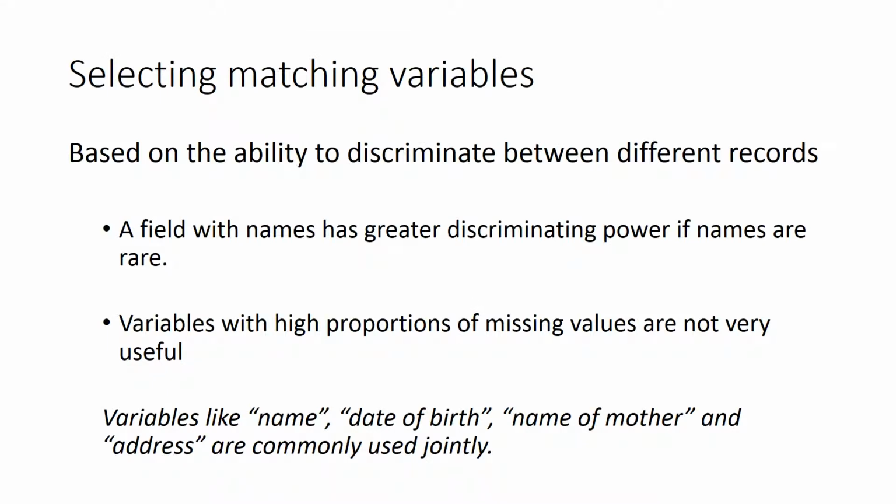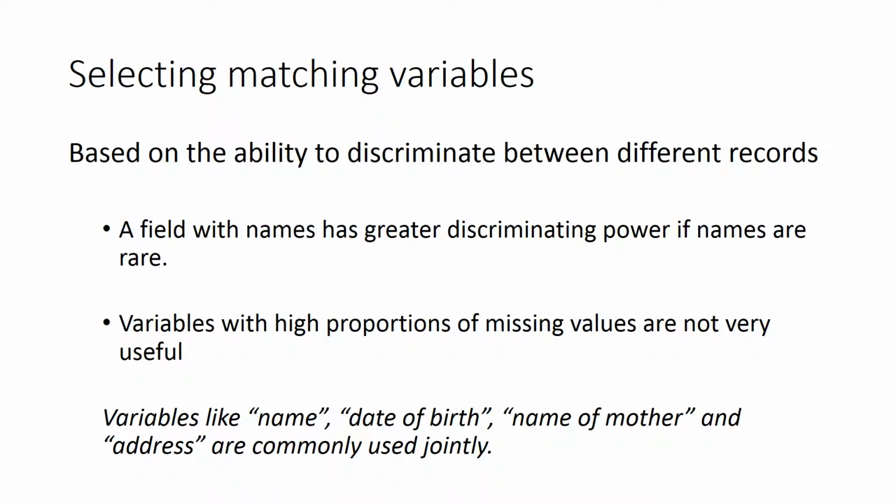So how should you select different variables to use to match two tables? Well, variables should be selected based on their ability to discriminate between different records. For example, a field with names has greater discriminating power if names are rare. A name like John, which is very common, might not be a very suitable criterion or variable to use to match, as the name John might occur multiple times for different records in two different tables.